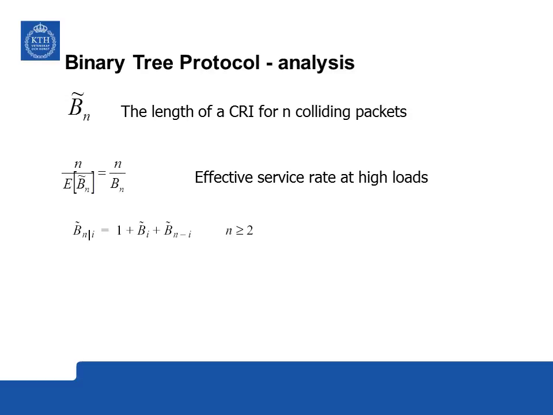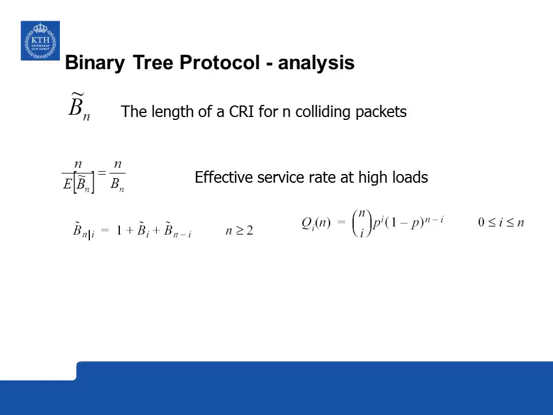So when we have a collision, it will take one slot, and then we split the tree into one subtree where there will be i packets, given that i flipped the 0, and the other n minus i packets will be in the other branch. So the total number of slots in a conflict resolution interval, given that i flip 0, is given by this expression.